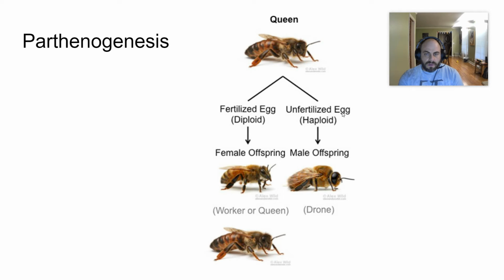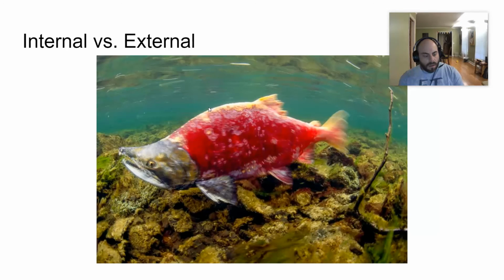They have half the complement of DNA. And so that's called parthenogenesis, where an unfertilized egg can grow into an actual organism. Life finds a way.